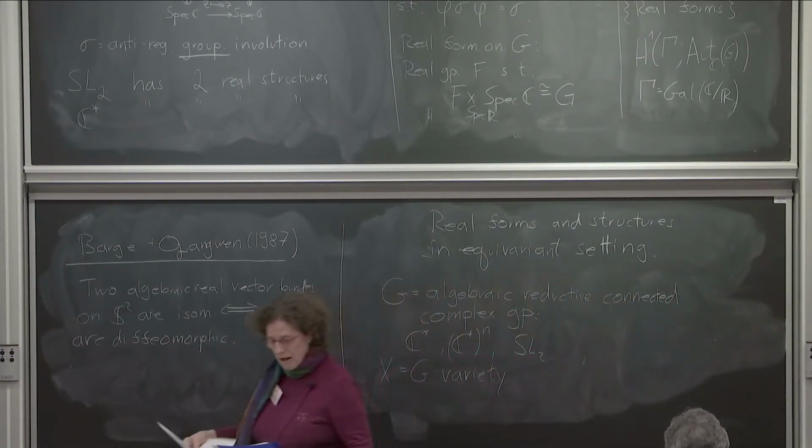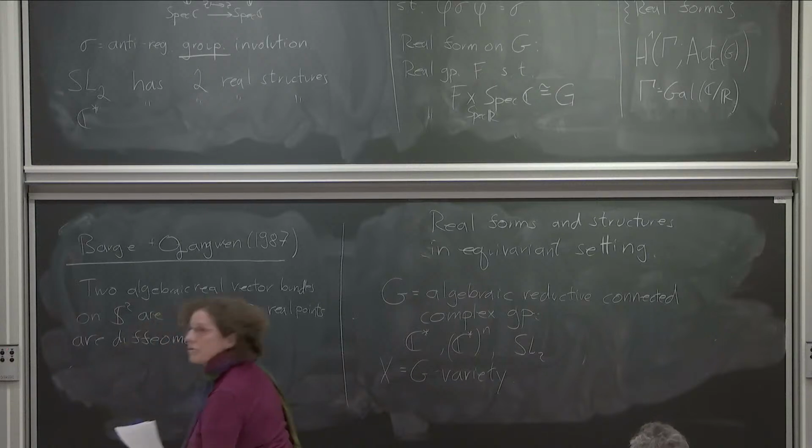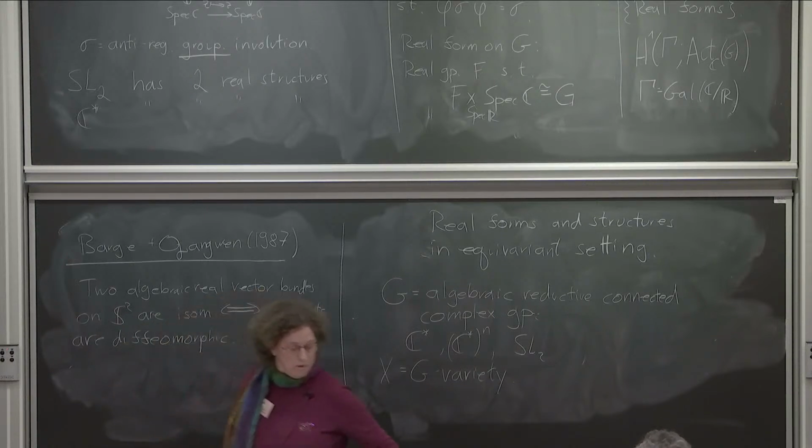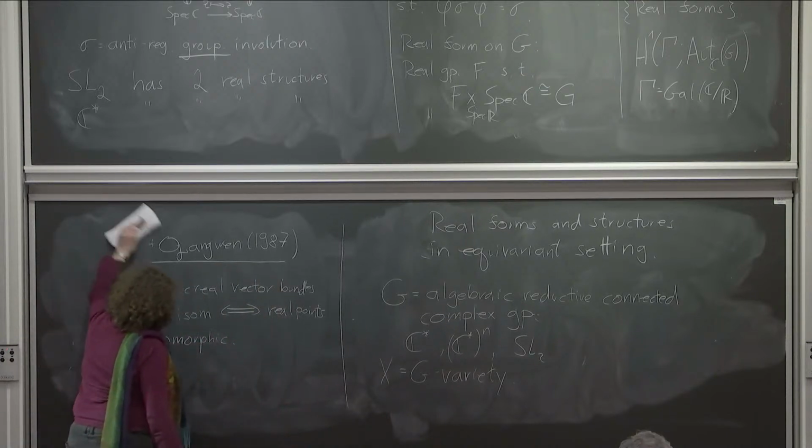I'm going to give an example in a moment, but I just wanted to start with the real structure on a G variety.